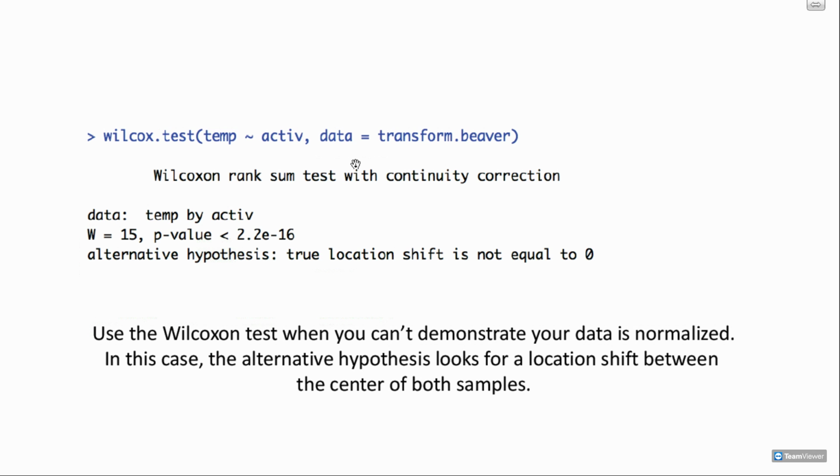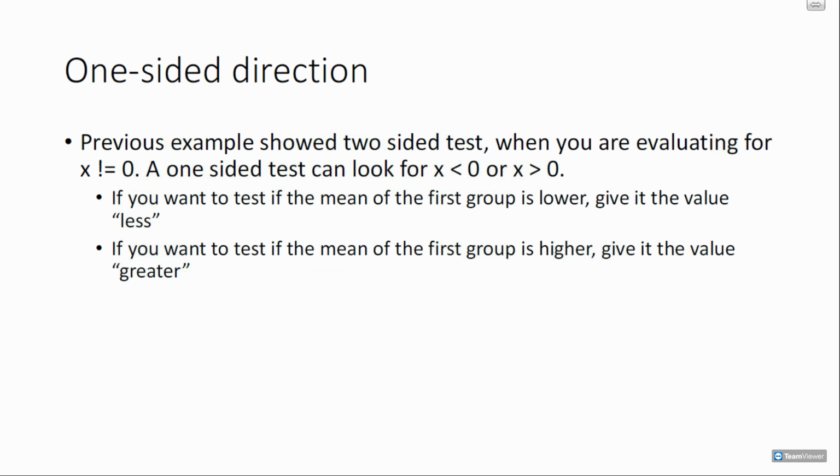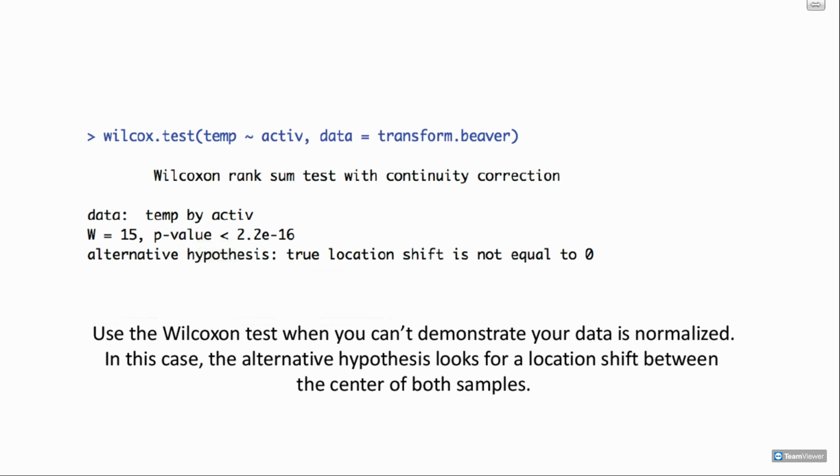If you want to extract the p-value from this, you assign this to a variable, and then from that variable you can call it by $p.value. I have that in the next few slides.